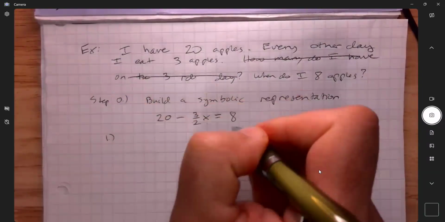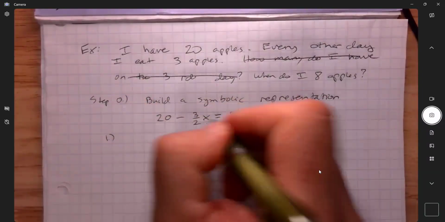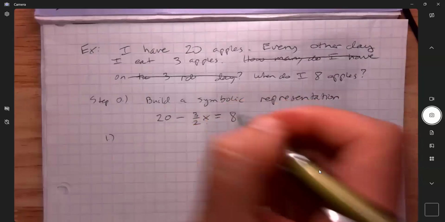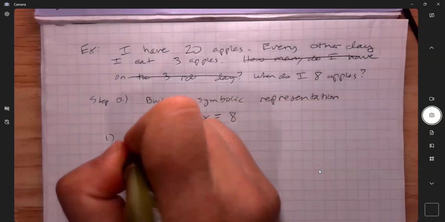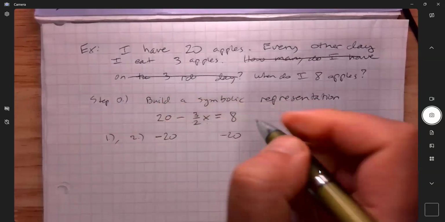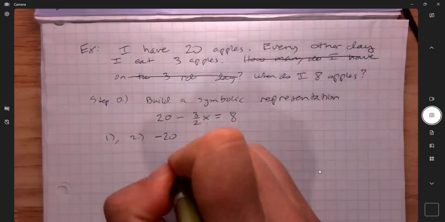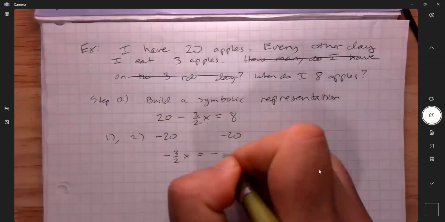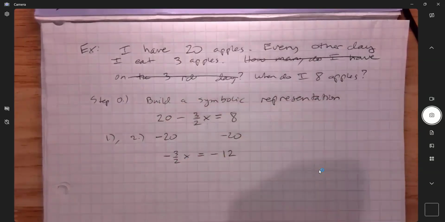Step 1 is maybe simplify, but there's not a lot of simplification to do here because everything's all collected already. So we can jump to step 2 and subtract 20 from both sides. And that leaves us with negative 3 halves x equals negative 12.